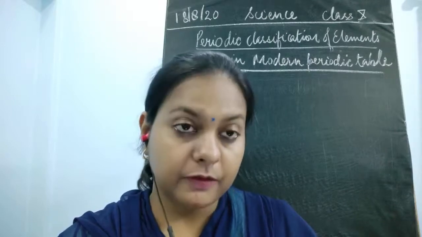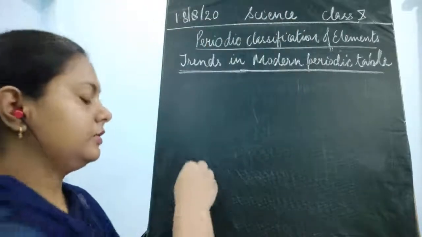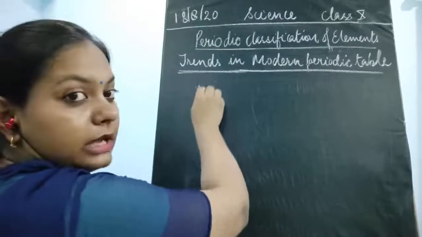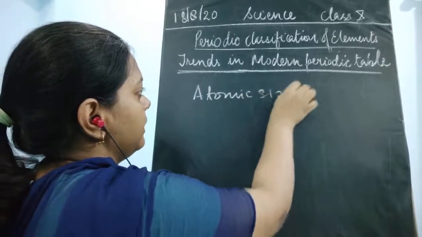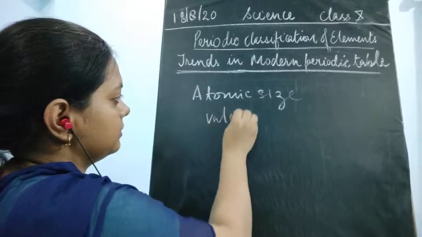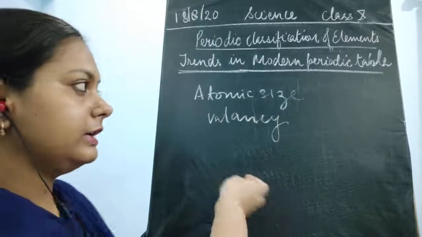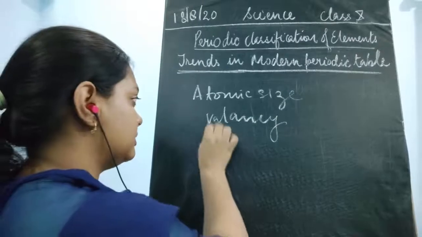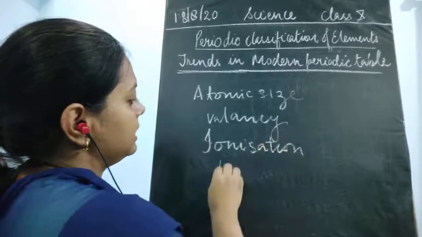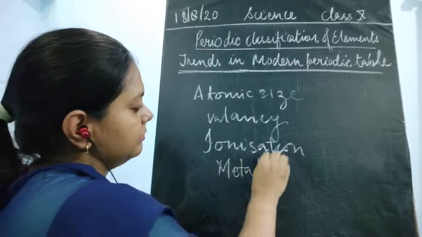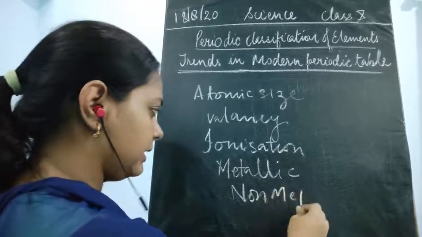The first trend we will study would be in atomic size. It could also be in valency, then in ionization capacity, metallic character, and non-metallic character.